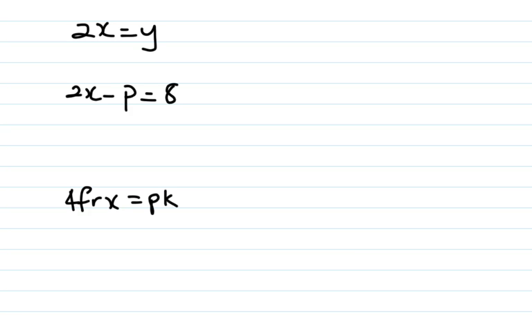Alright, here are our first three examples. In this case we're going to make x the subject, and as you can see, x is not on its own because that 2 is multiplying the x. If I want x to be on its own and the 2 has to go, I have to do the opposite to what the 2 is doing, the inverse operation.